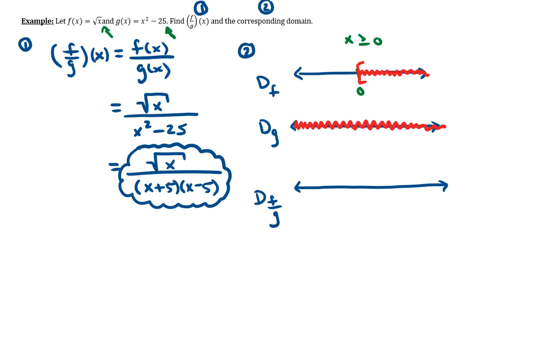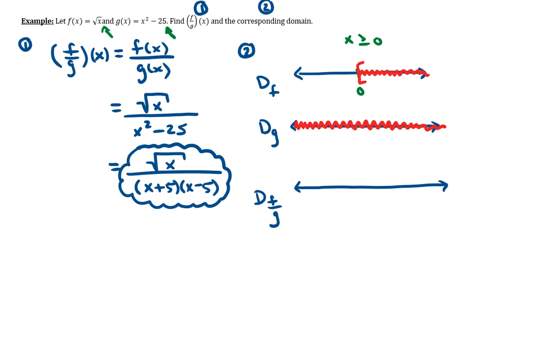Okay, so as noted in a previous video, the domain of any combined function is the intersection of the original two domains, that is the domain of f and the domain of g in this example, as well as additional values of x. Well, you take the intersection of the original two domains, but you must also exclude any additional values of x that would create division by 0 or negatives inside of even square roots.